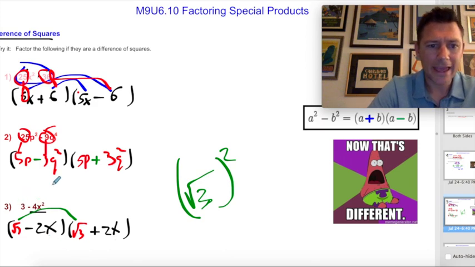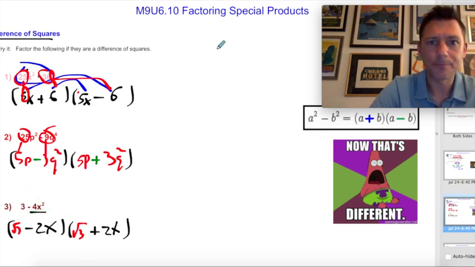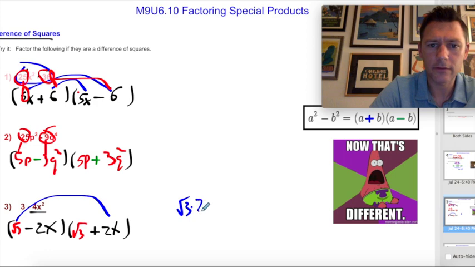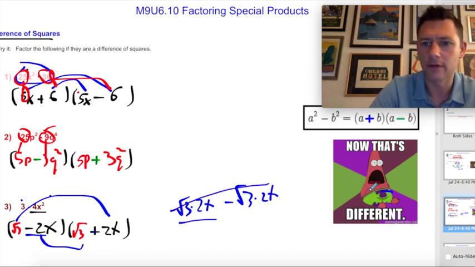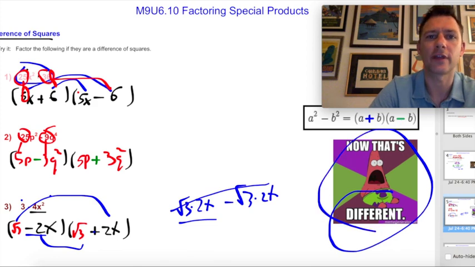And this middle part is root 3 times 2x, positive, because this one's positive and this one's negative, so minus root 3 times 2x, and those cancel out. They're the same thing, opposite signs, gone, and you're just left with 3 and negative 4x squared.